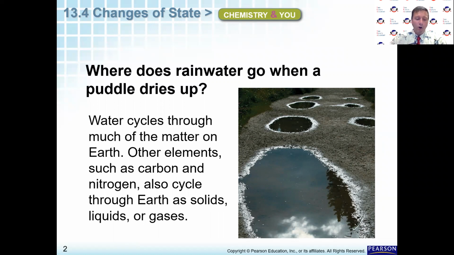The water overcame the attraction because the average kinetic energy was greater than the force of attraction and the atmospheric pressure on it, and it dissipated into the sky in a gaseous form. As it goes up into the atmosphere, it begins to cool, and when it cools, it begins to condense.